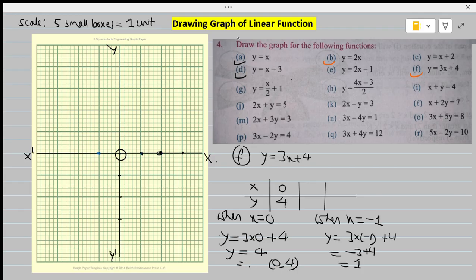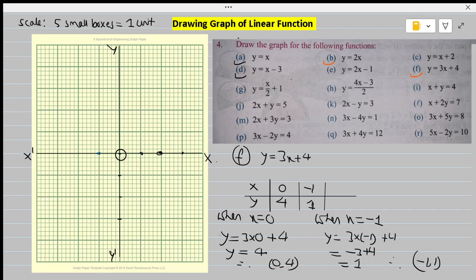Minus 3 plus 4 will be subtracted, so it will be 1, and since 4 is greater, plus. So the point is minus 1 comma 1. When we keep x minus 1, we are getting y equal to 1. Why are we getting plus 1, right?